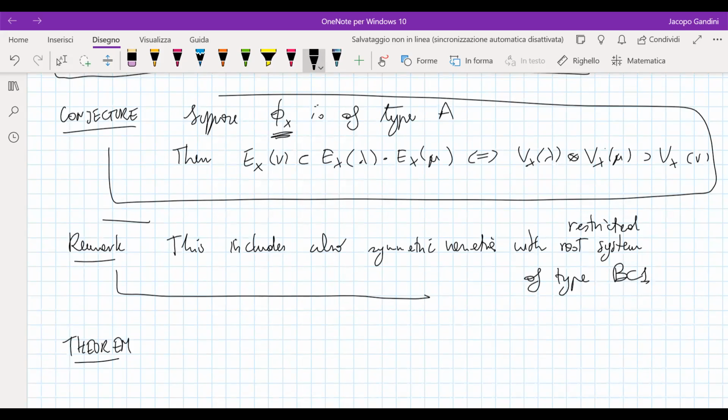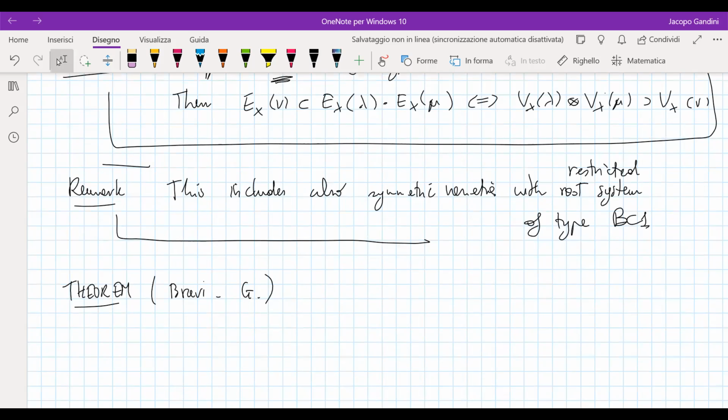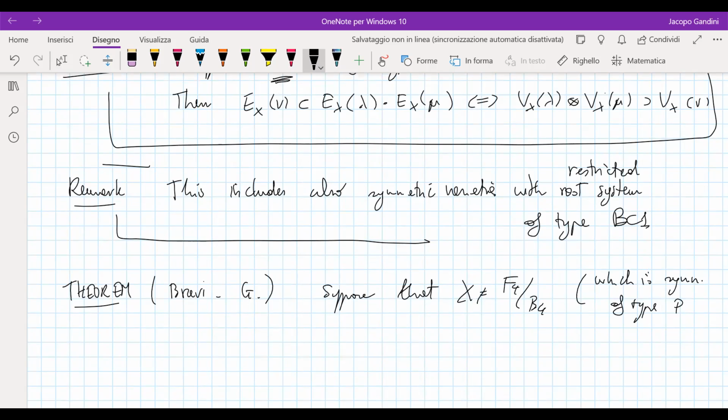So I didn't say this at the beginning. All of this is a collaboration with Paolo Bravi. So this is together with Paolo. So essentially it is as before. First of all, we have to exclude a case, which is a symmetric case. Suppose that X is different from F4 over B4, which is symmetric of type BC1.